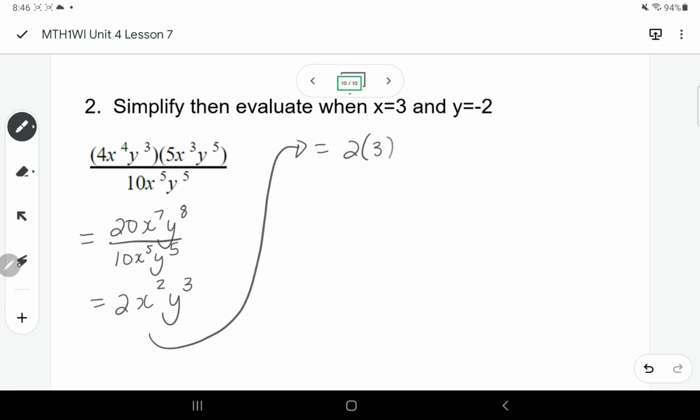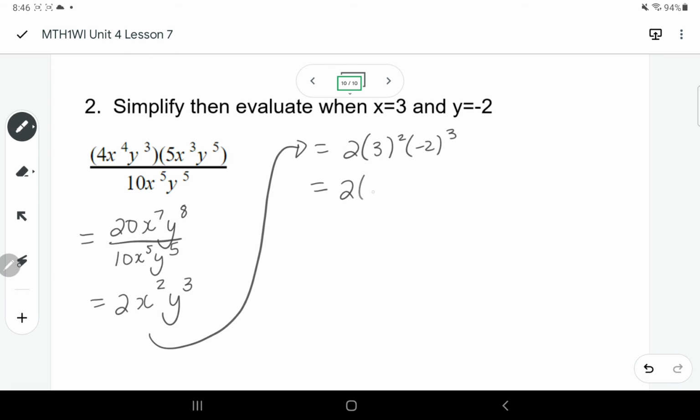So x is 3, so that's 3 squared, and y is -2. So remember, you're going to take your number and put it in right where that variable is, and you always use brackets when you substitute it in. Otherwise, it might look like adding or subtracting, and we know that it's all multiplication there. So now we just evaluate this with BEDMAS.